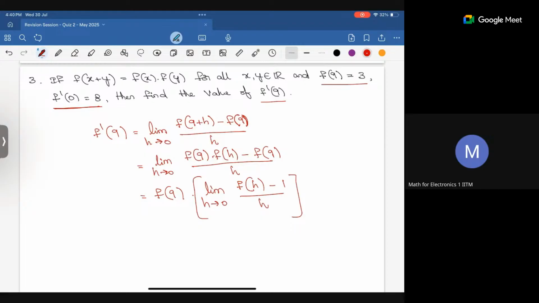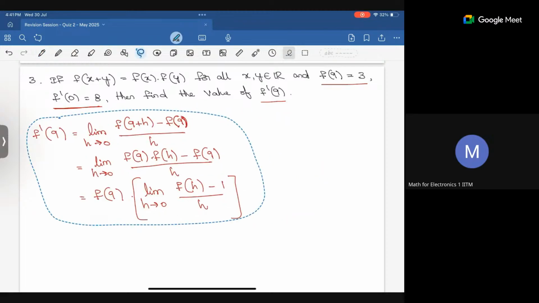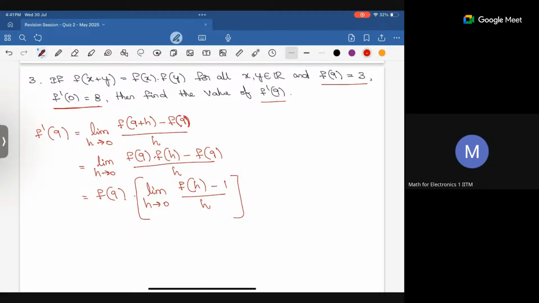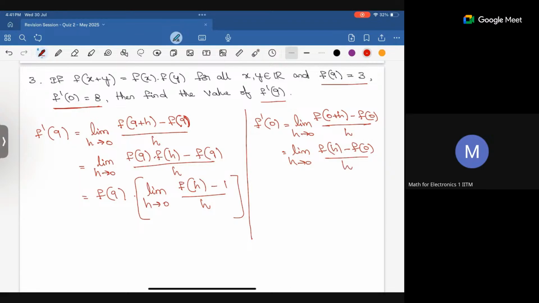And we also know f prime of 0 is actually limit h tends to 0 of f of 0 plus h minus f of 0 divided by h, and this is limit h tends to 0 of f of h minus f of 0 divided by h.